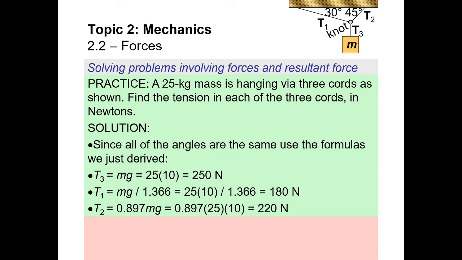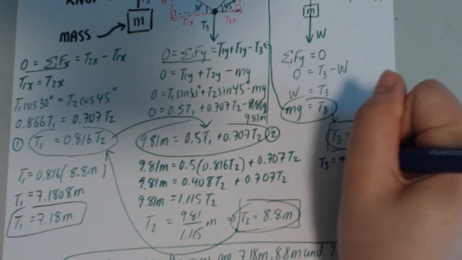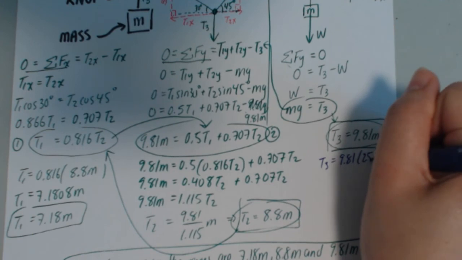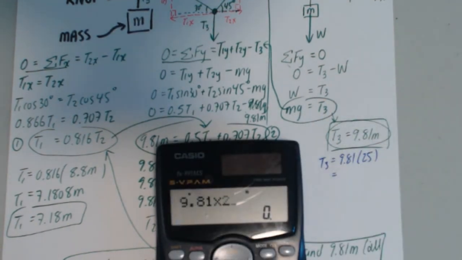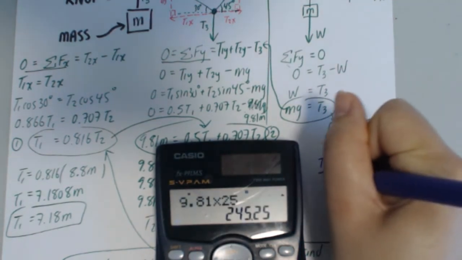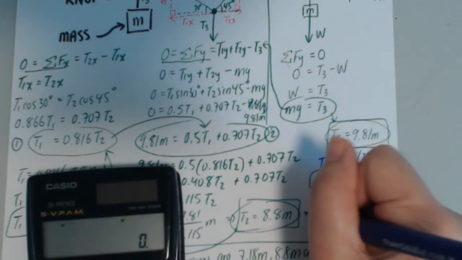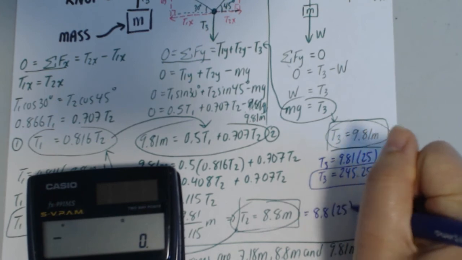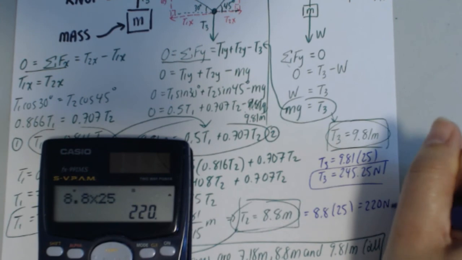All right, we can actually just do this really fast on our side. If we know that the mass is 25 kilograms, T3 would be 9.81 times 25, just to show you that the numbers are in fact the same. 9.81 times 25, 245.25 newtons. And T2, 8.8 times 25, that's 220 newtons.